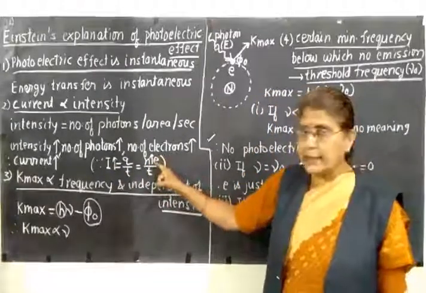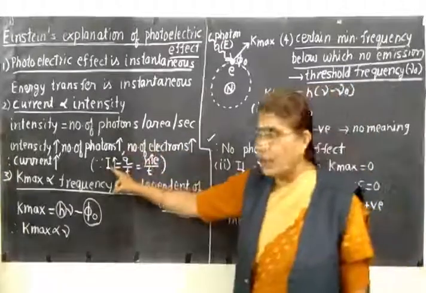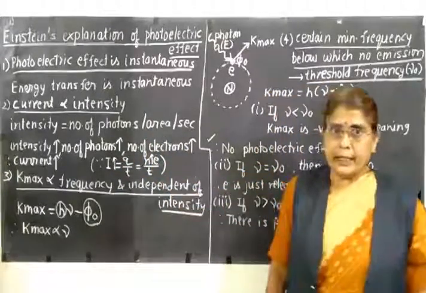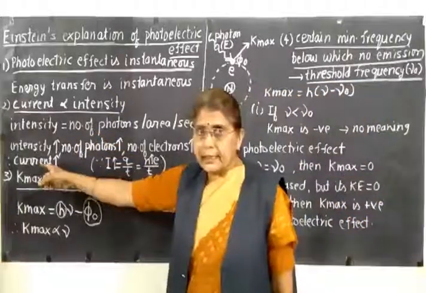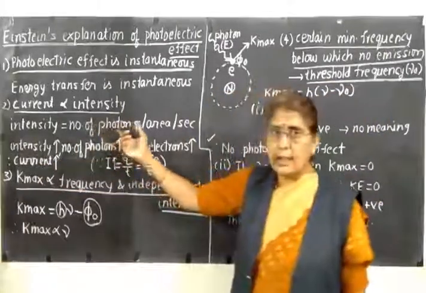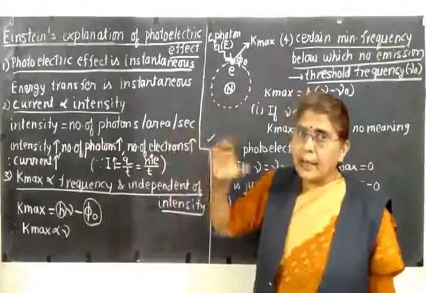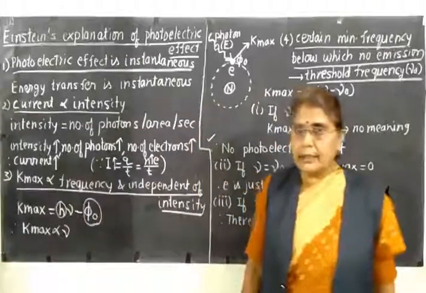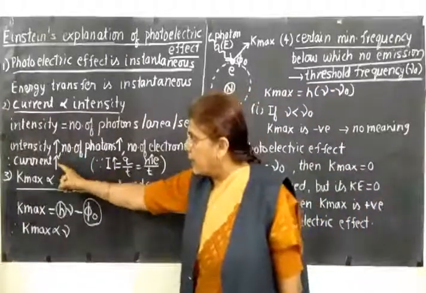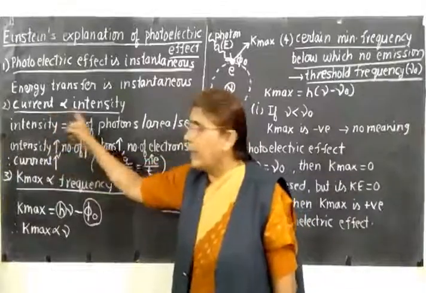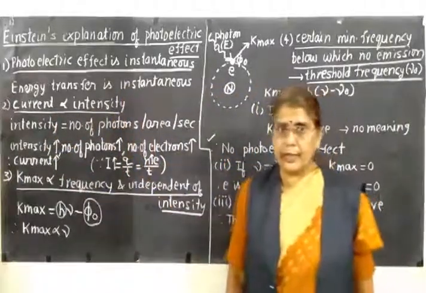So if N increases, that is if the number of electrons increases, what happens to the current? The current also increases. So what is the conclusion? If the intensity increases, the number of photons incident on the emitter increases. Therefore, the number of electrons emitted out from the emitter increases. Therefore, the current also increases. That is, current is directly proportional to the intensity. So this is the second observation of photoelectric effect.